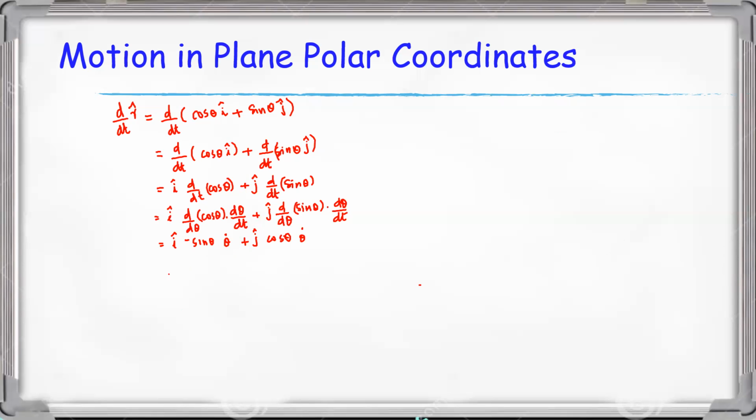Here theta dot is common in both terms. So I write theta dot, then in brackets minus sin theta i cap plus cos theta j cap. Is the bracketed term familiar to you? Minus sin theta i cap plus cos theta j cap. What is the quantity?